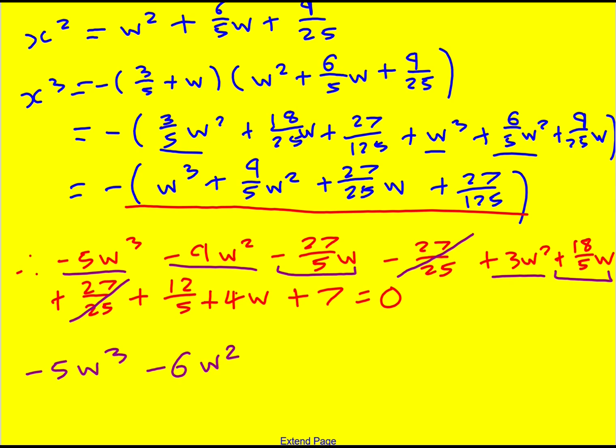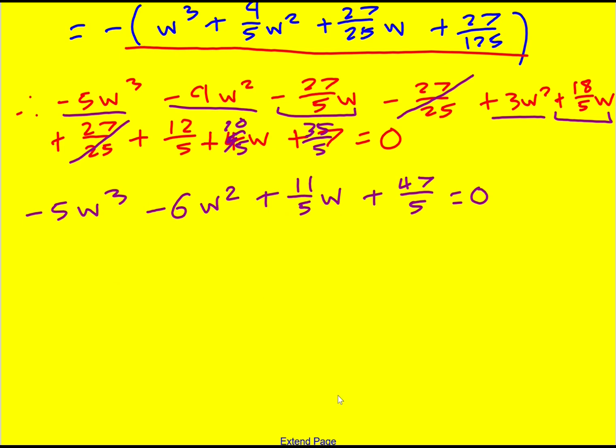That's going to give you minus 9. This is actually 20 over 5. So minus 9 plus 20 is 11. Plus 11 over 5w. And then 7 is actually 35 over 5. Plus the 12 gives me 47 over 5.